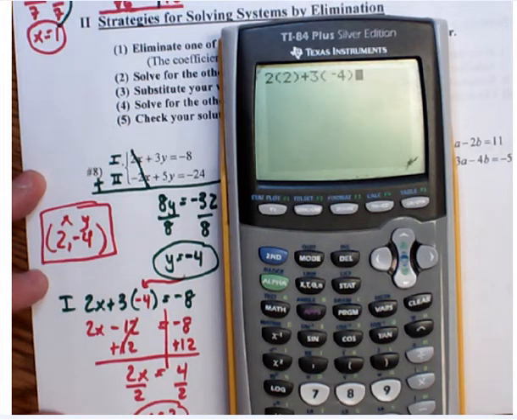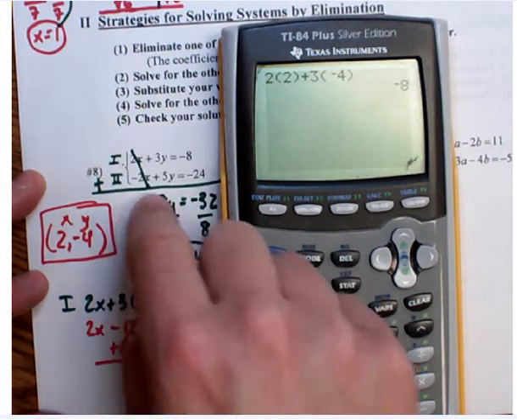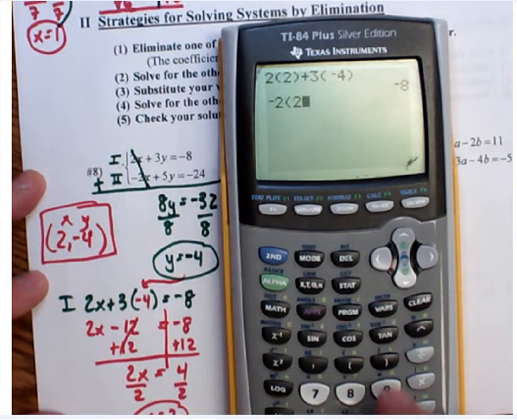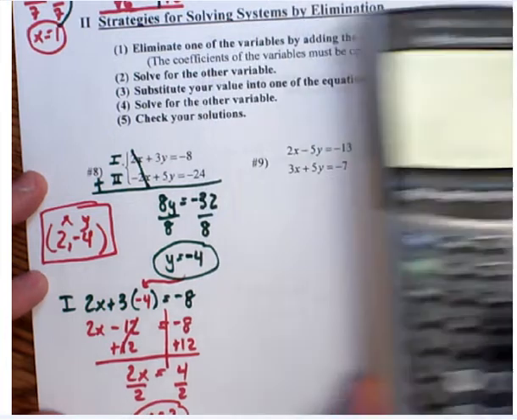Does it give us negative 8? Check. The bottom one was negative 2x, so negative 2 times 2, plus 5y, that's 5 times negative 4. Does it give us negative 24? And the answer is yes. So that is a check right there.